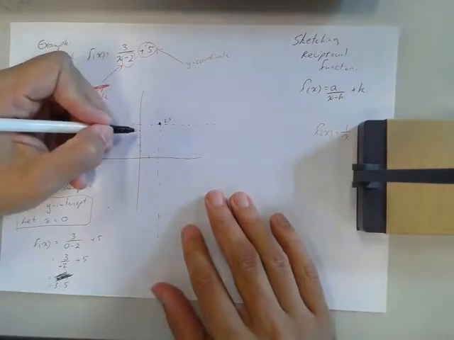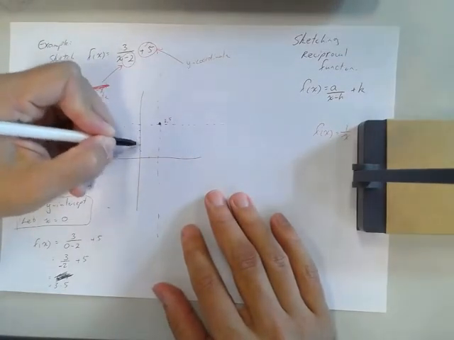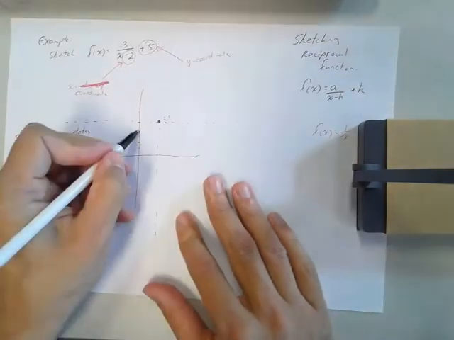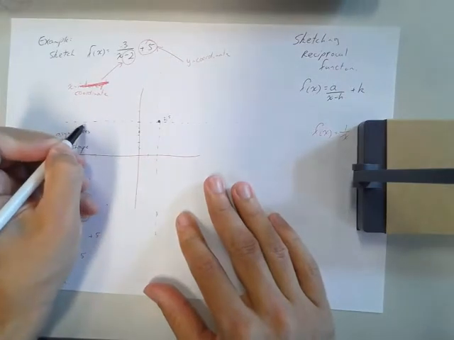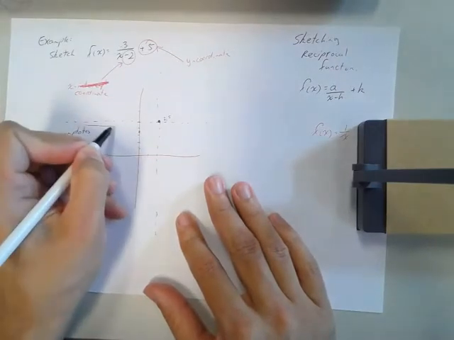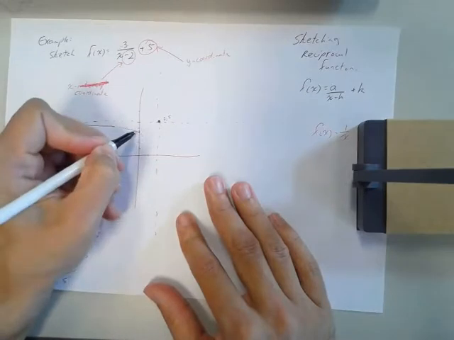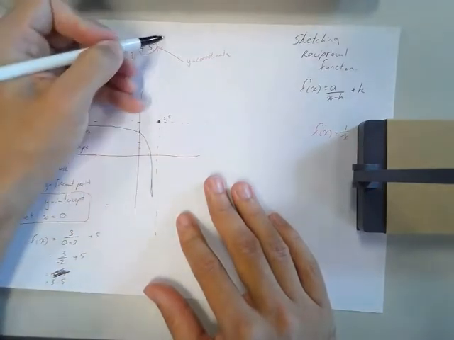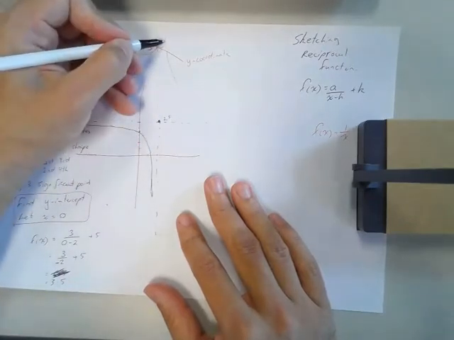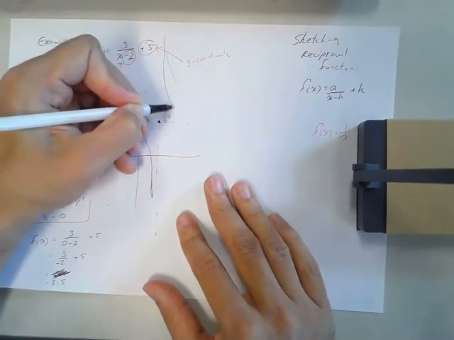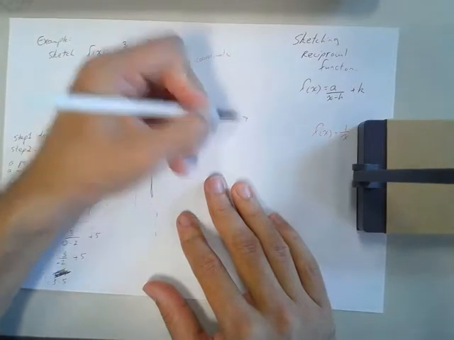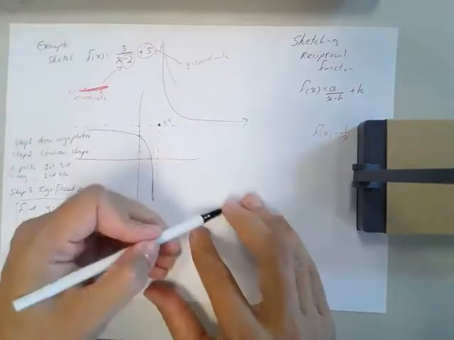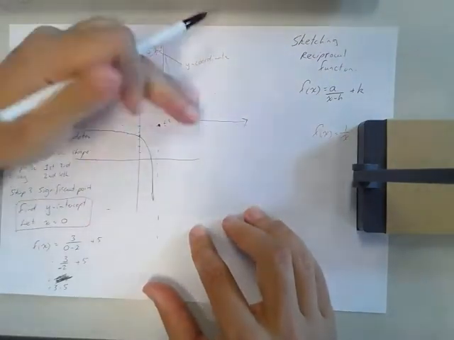So 3.5, that makes a lot more sense. 1, 2, 3.5, good. It passes through there. Now I just draw a rough shape of what it's going to look like. And I try to match this side so that they look the same because they're mirror images around this axis.